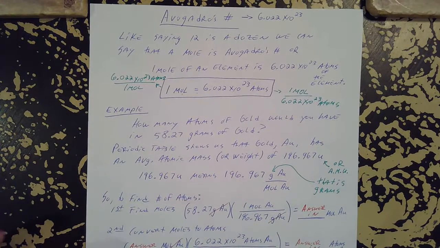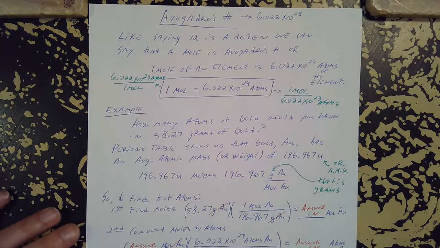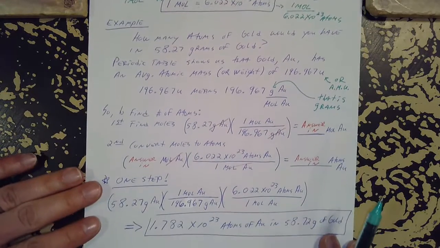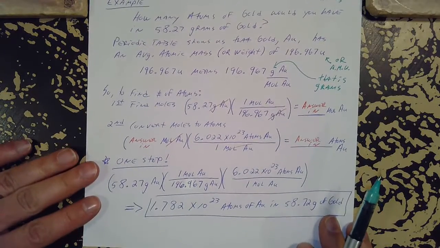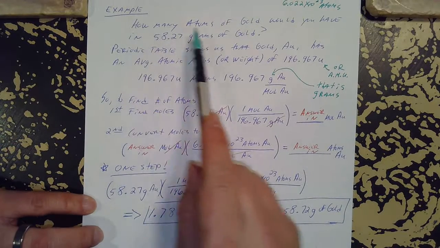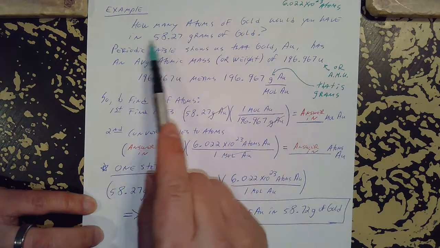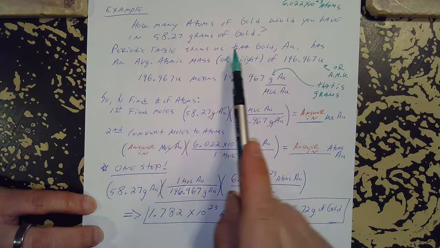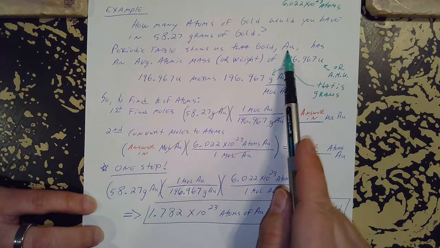The best way to understand how to use Avogadro's number is to do a calculation with it. The example that we're going to do is, what if the question was, how many atoms of gold would you have in 58.27 grams of gold? When we look at the periodic table, we know that gold is Au.